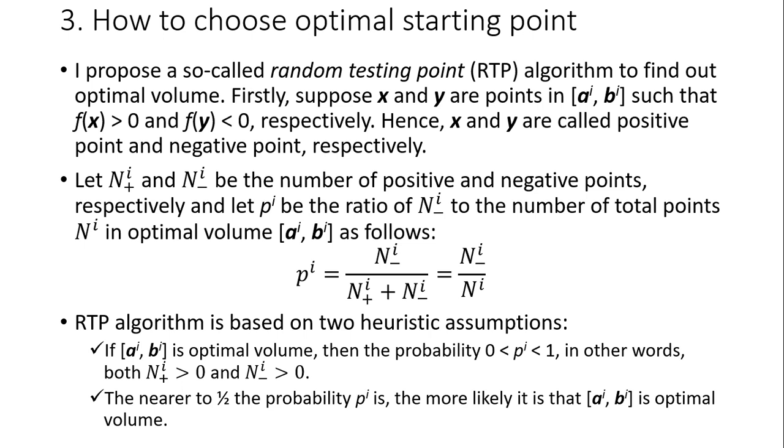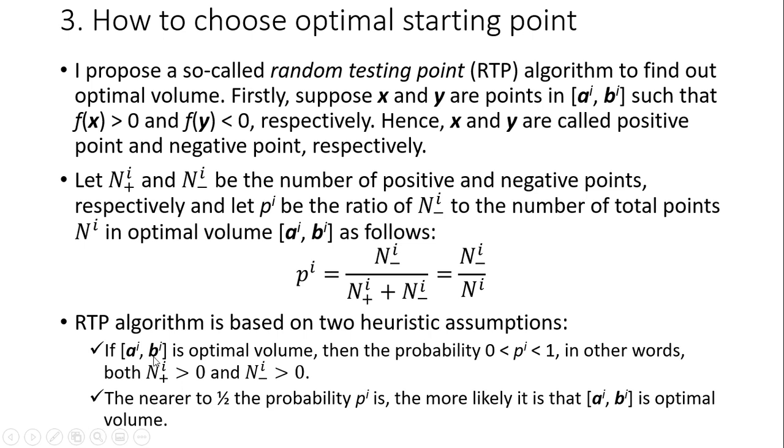In the optimal volume AI, BI, we have Bi equal to n negative I divided by the sum of n positive I and n negative I, that is, the ratio of n negative I divided by Ni. The RTP algorithm is based on two heuristic assumptions.